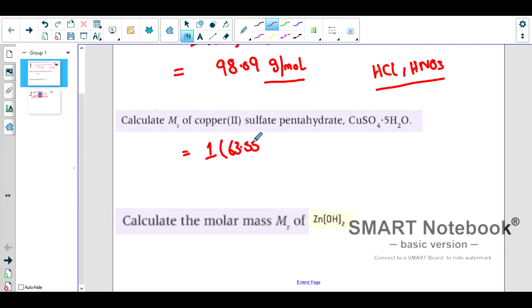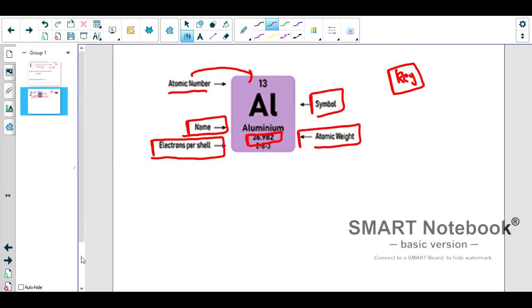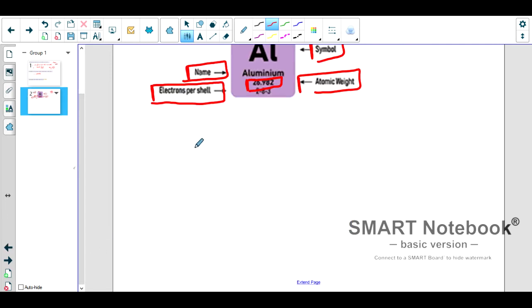63.55. I want to explain another fact here, because I have seen students getting confused with it. What is the difference here? This is CO and this is Co. What's the difference? The symbol. Very important here. This CO is basically 2 elements, carbon and oxygen. It is a compound. But if you look at this Co, this is 1.